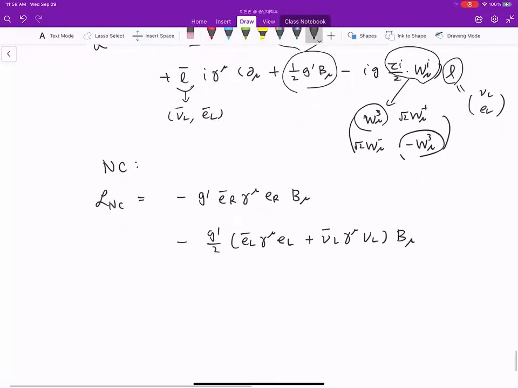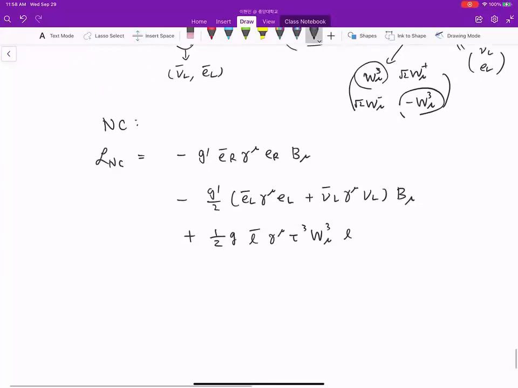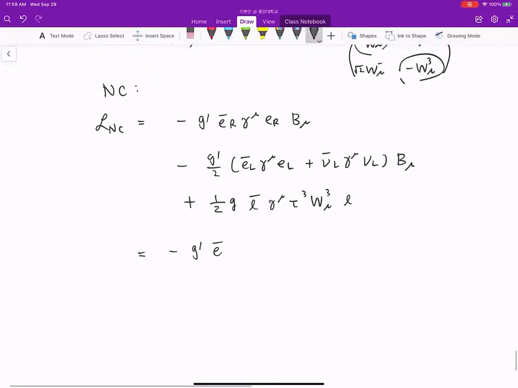And the W3 part plus Z. Then you can rewrite everything, collect terms, and rearrange it.